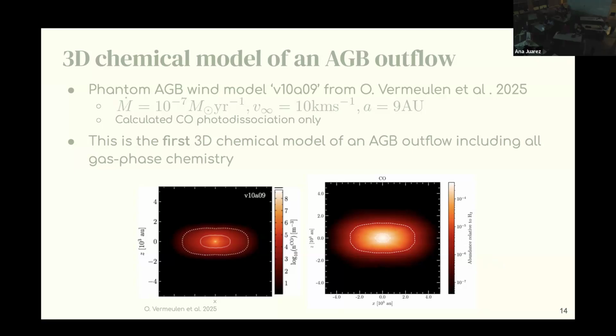So are you saying that it's just a choice of the photodissociation parameter? Well, the way that I did dissociation also depends on the strength of the dissociation rate that you choose, and it makes your envelope bigger or smaller. So it's a parameter that you can tweak to get a different size of your envelope.